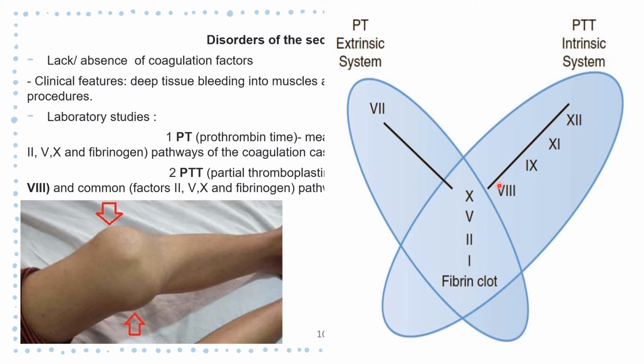Also, you can see the numbers over here, and for example, if the patient has deficiency of factor 8, which is a part of the intrinsic system, then Hemophilia A occurs, and if there is deficiency of factor 9, then Hemophilia B occurs.